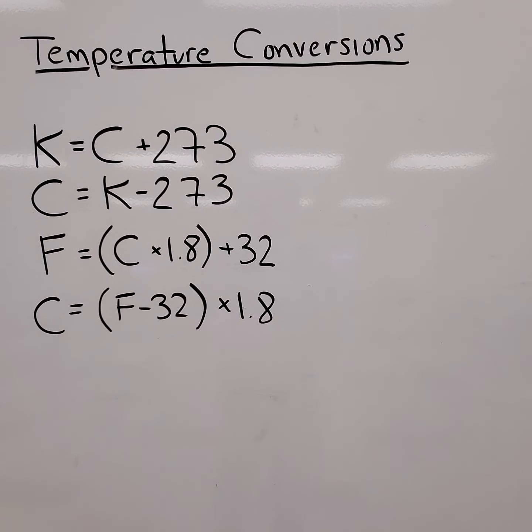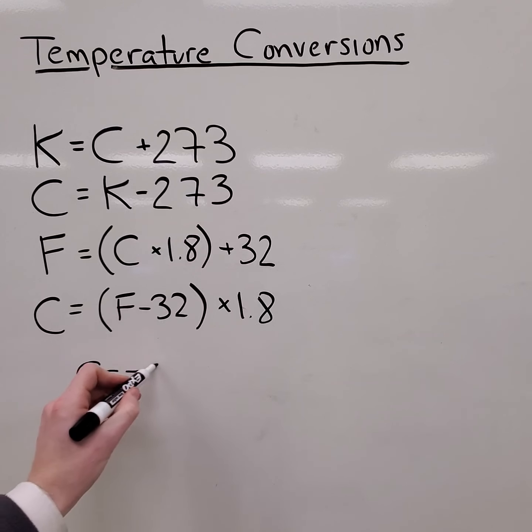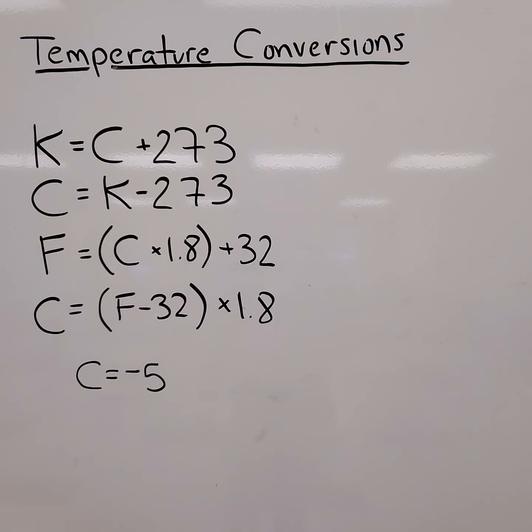So let's say now that I started with the Celsius temperature, -5. So I know what C is, and I want to try to get F and K. And I need to use these F equals and K equals equations. Well, K equals is pretty easy. Let's start with that one.